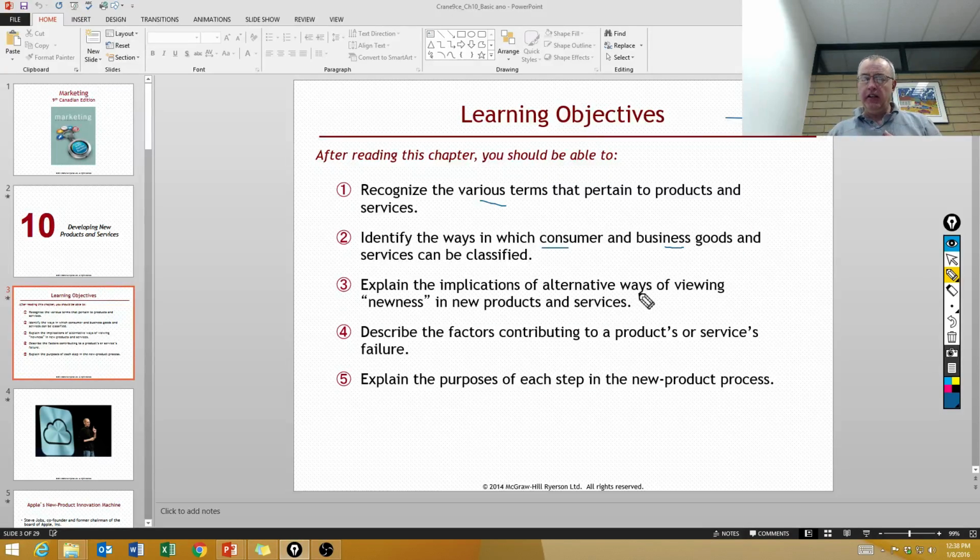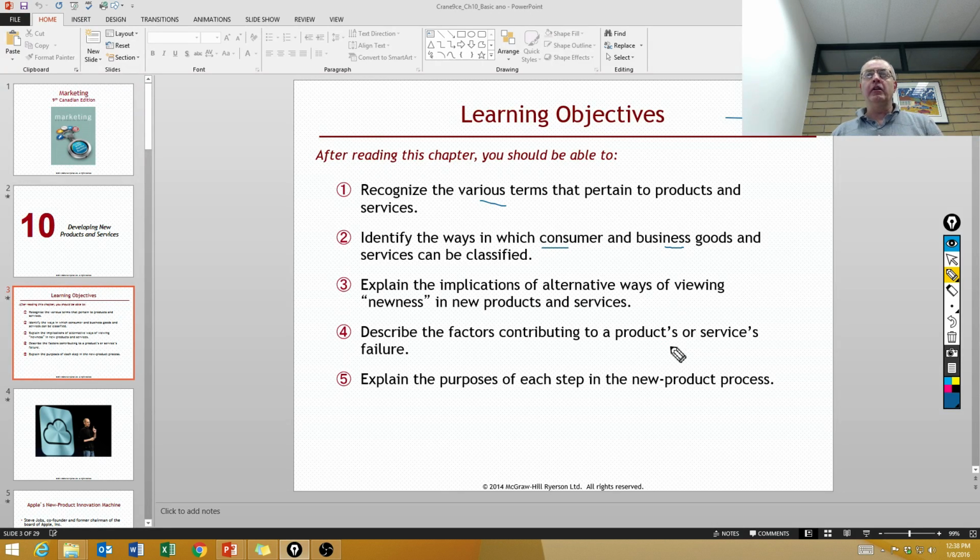And then we look at the different senses of the term new. We can measure something's newness in relation to existing products. We can determine newness in a legal sense, and we can look at newness from both the producer's perspective and the consumer's perspective.